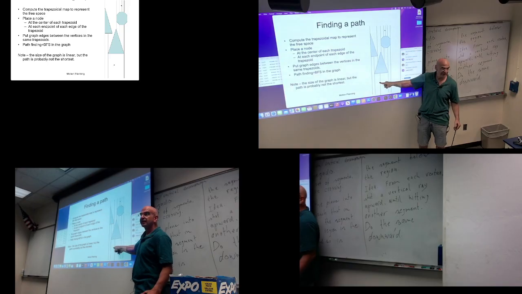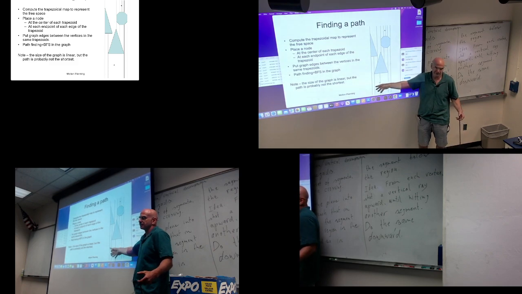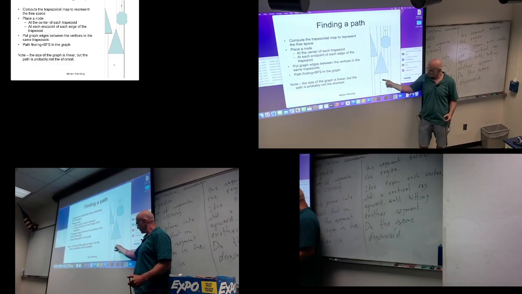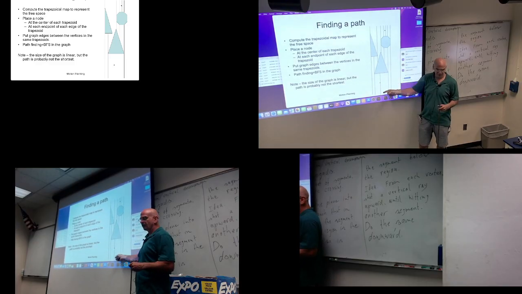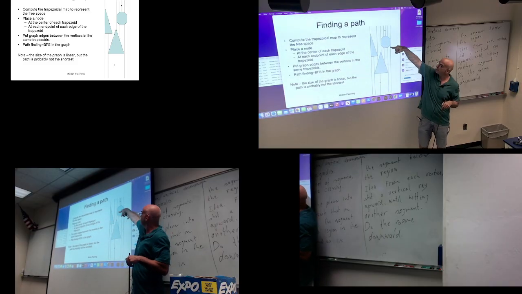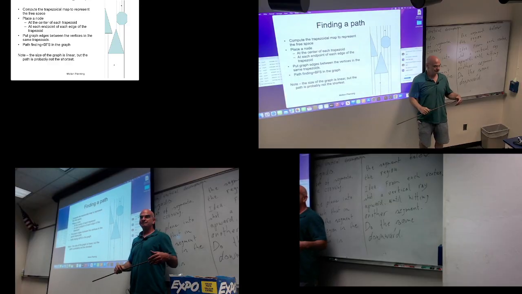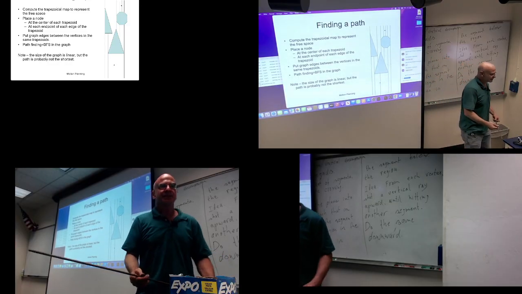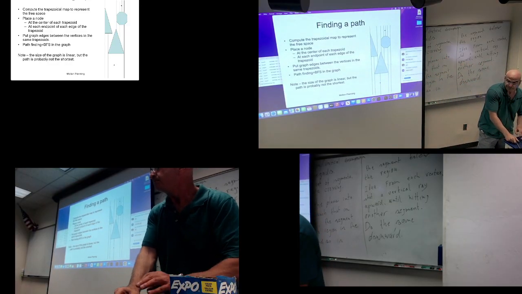If I just care about a reasonable path, I'll just say inside the trapezoid I can definitely move to the center of the trapezoid because there is no obstacle. Every trapezoid is in the free space, and it's always the same, one vertex above, one vertex below. You can move from one trapezoid to the next just by neighboring until you get all the way to here. That's as trivial as I'm describing it.